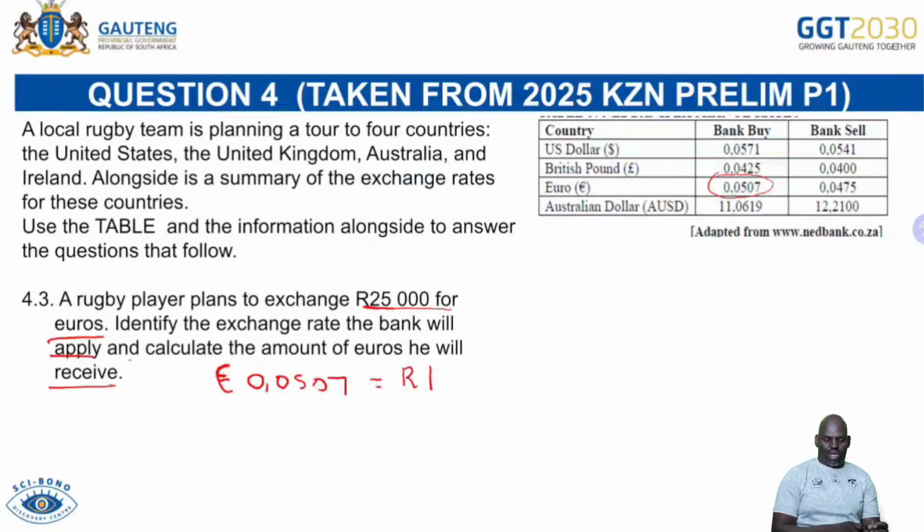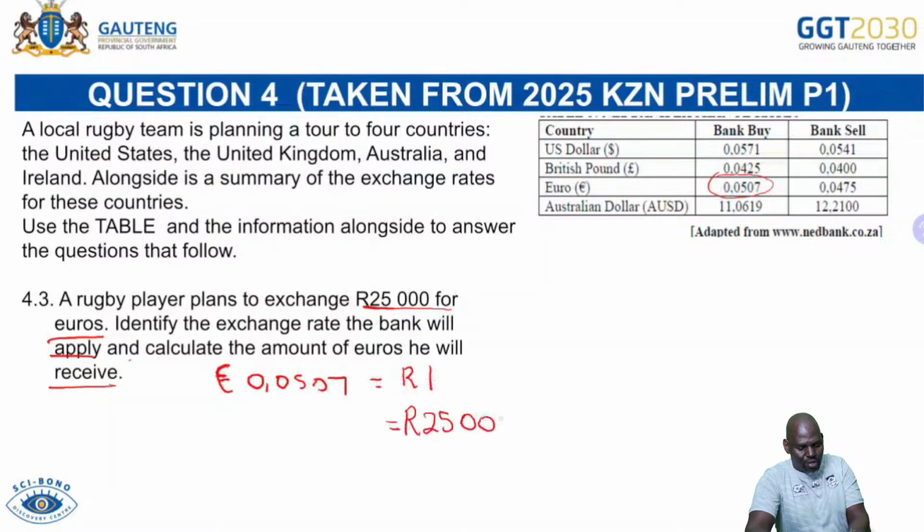Okay, that is the exchange rate that is given there. But in this case, we've got 25,000. Now we want to exchange this 25,000 rand. Now the 25,000 rand will become how much? So this one, I want to know the amount. Then I can just cross multiply. If I cross multiply the amount multiplied by 1, I still get the amount.